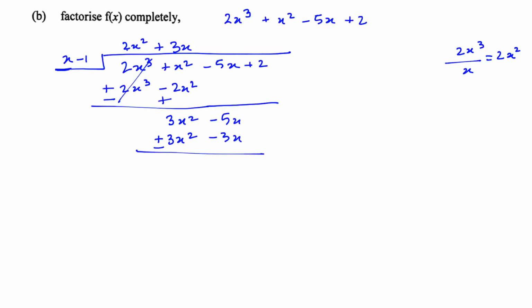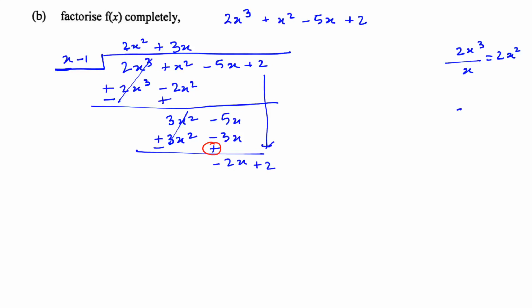Change the signs. The first term has to always be cancelled. Negative 5 plus 3, negative 2x. If you get confused, put in the calculator the numbers, but we always use the new sign that we get, not the previous one. And then bring down plus 2.